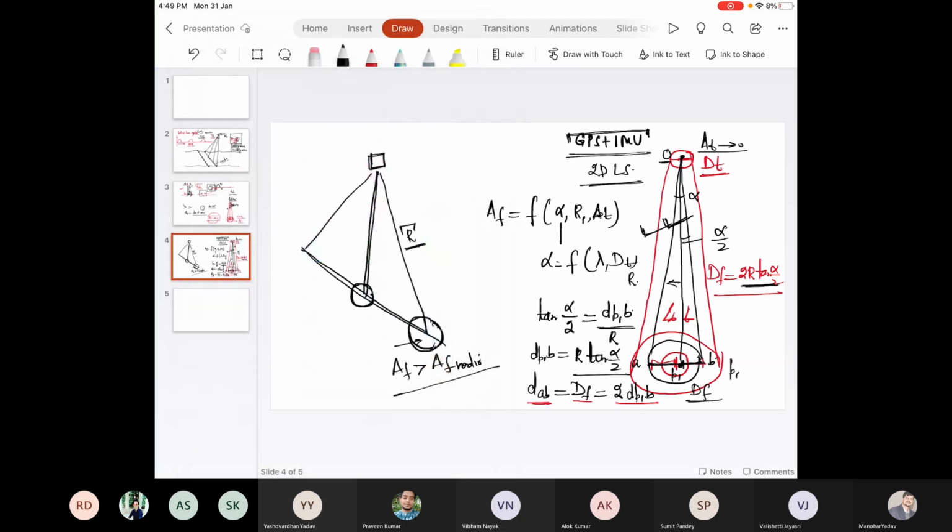Overall, the area of the laser footprint AF is a function of wavelength, transmitter diameter dt, and the range from the laser source to target point P1. Three parameters.